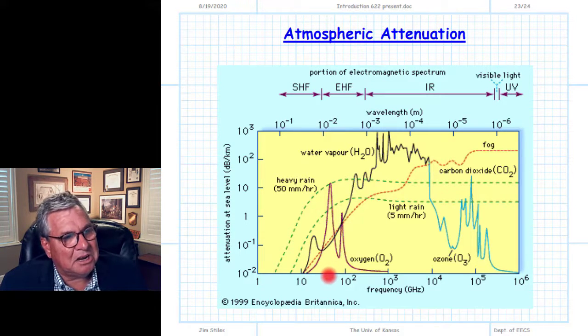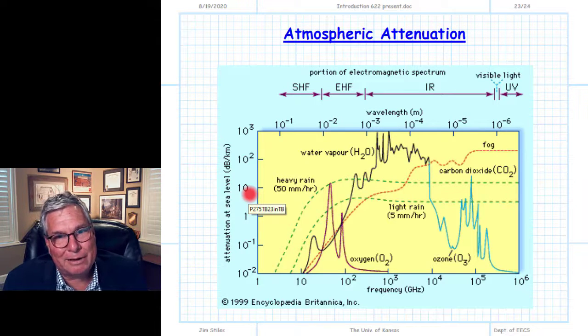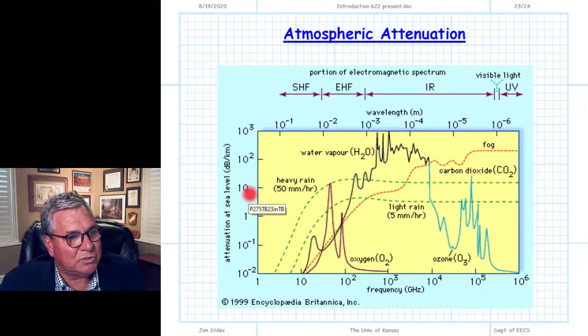For example, right around here, maybe 50 gigahertz or so, I can't remember now, we have an oxygen line that peaks up all the way to 10 dB per kilometer, which means that every 10 dB your signal diminishes by 90%, and so you can't go very far in that situation. As we move up into the hundreds of gigahertz, we really start to have a problem with water vapor.